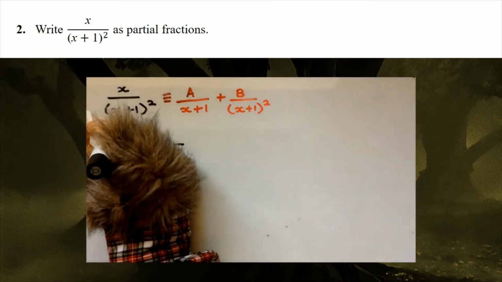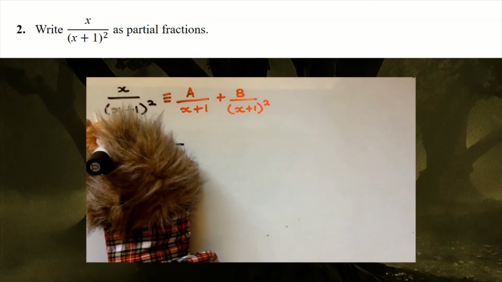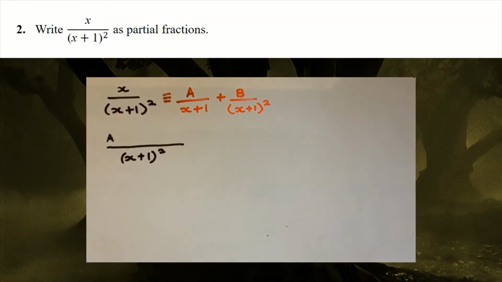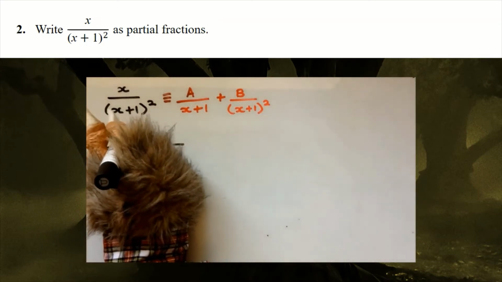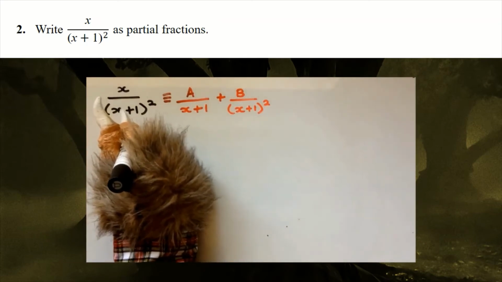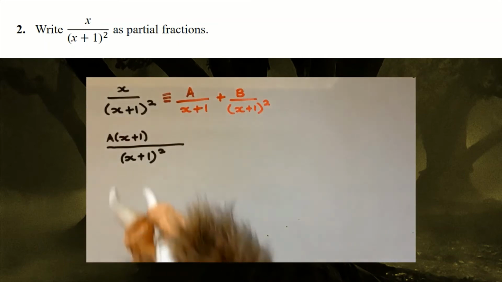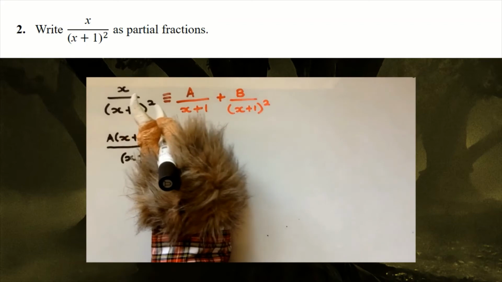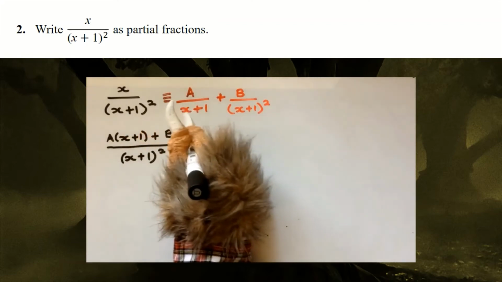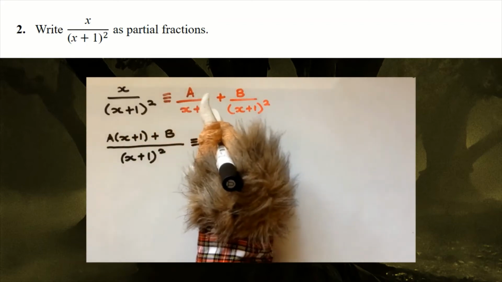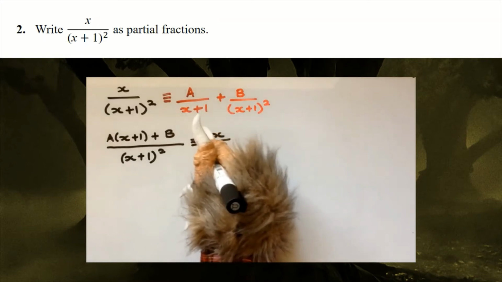Well, we're going to need a on top, obviously, and to create x plus 1 squared in the denominator, clearly we must multiply a by x plus 1 to make sure it's an equivalent fraction. So that's a lots of x plus 1, and then nothing happens to the second fraction because it's already over x plus 1 squared, and all that must be identical to x over x plus 1 squared.